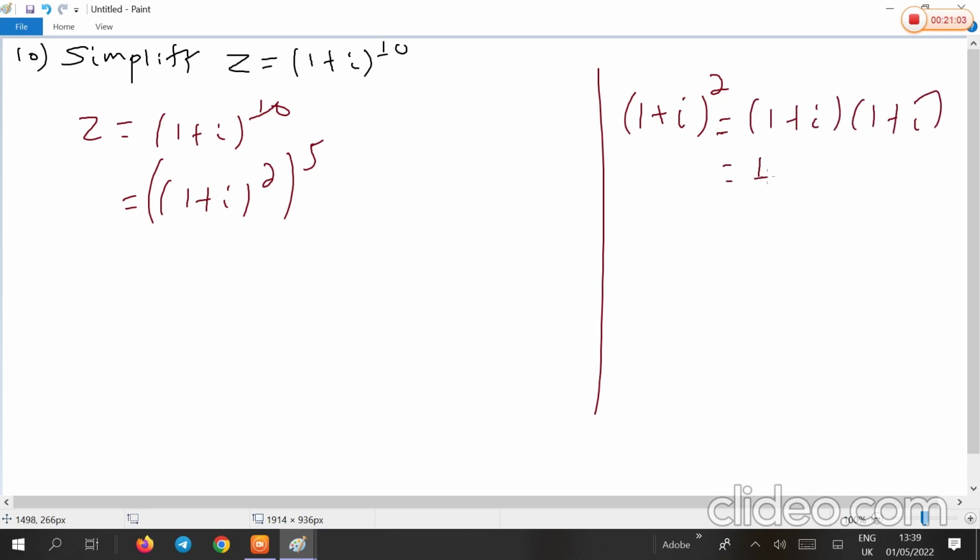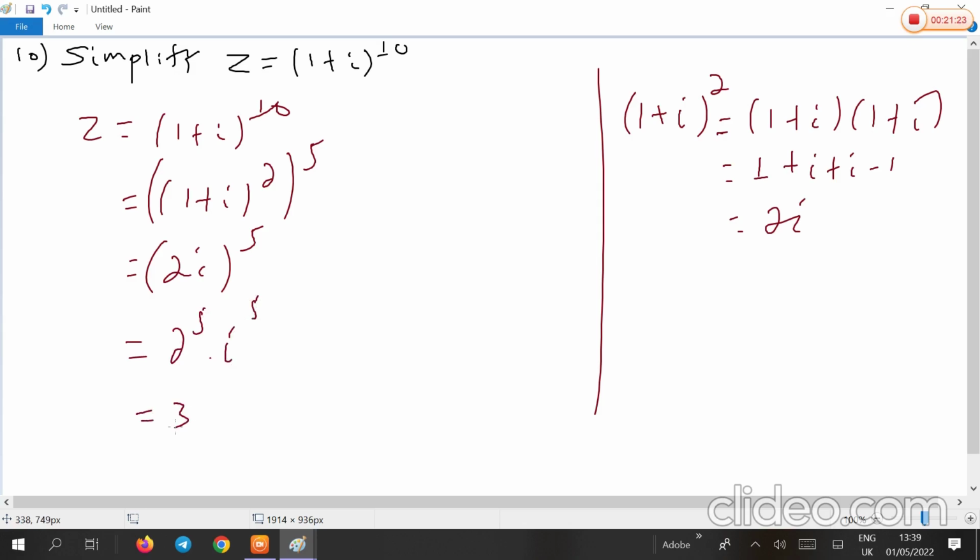So 1 times 1 is 1, 1 times i is i, i times 1 is i, and i square is minus 1. 1 minus 1 simplifies to zero, so it is 2i. So this is 2i the power of 5, or 2 the power of 5 times i the power of 5.